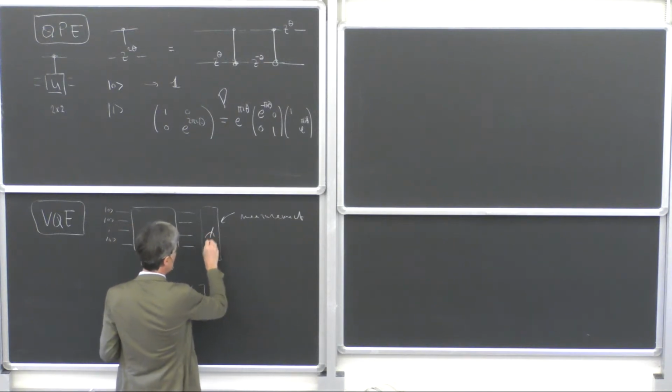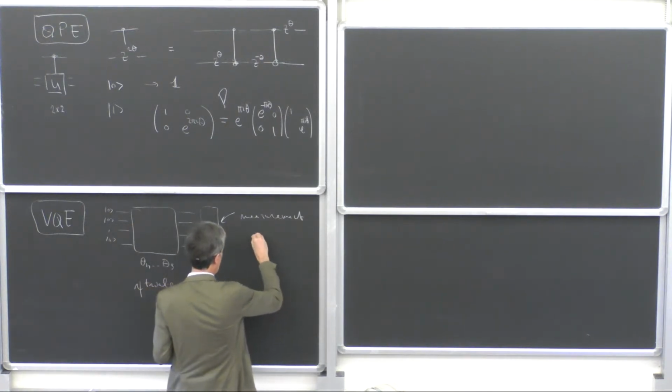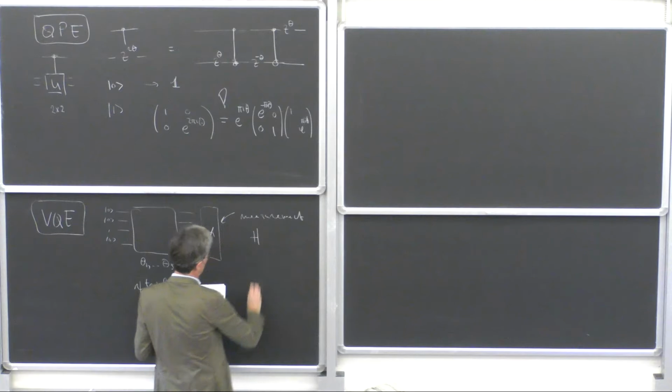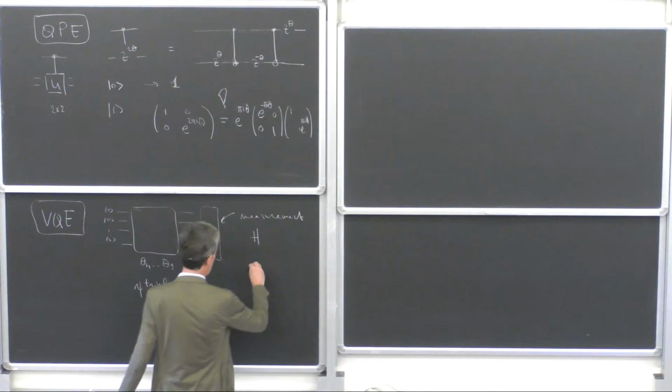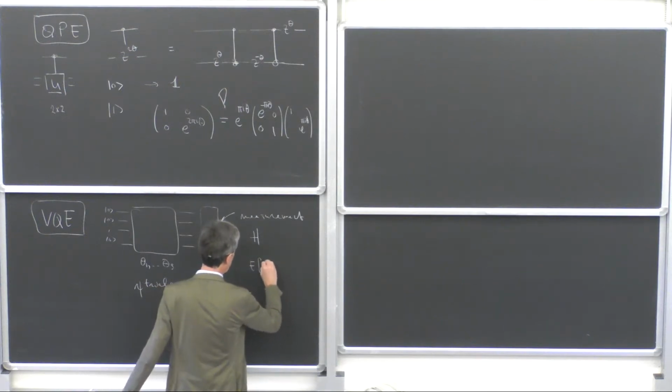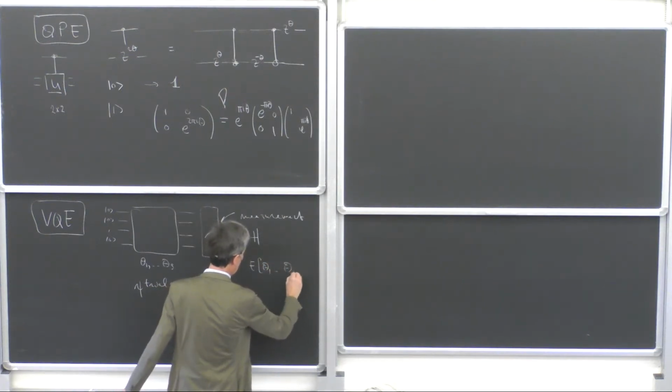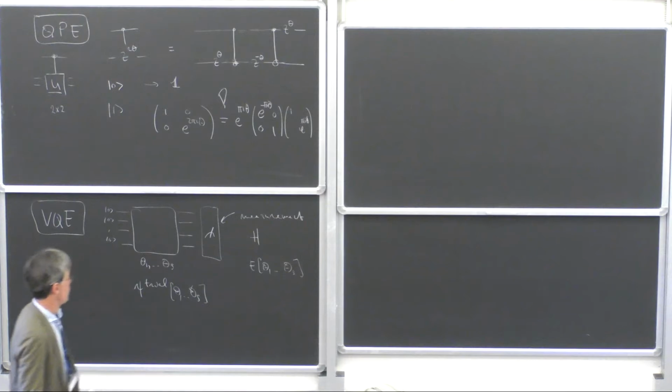So here you measure H, your Hamiltonian that you're trying to minimize, to find the ground state of. That gives you outcomes, E of theta, depending on all these thetas. So that's what one run of the circuit will give you.